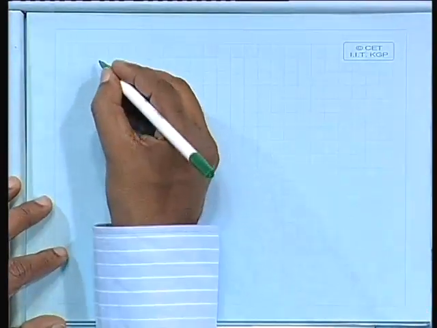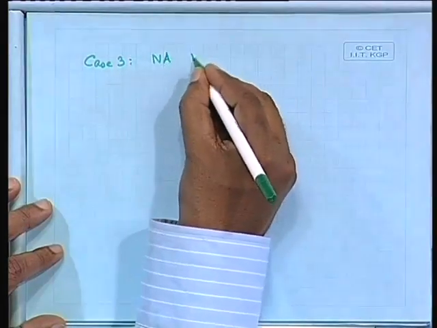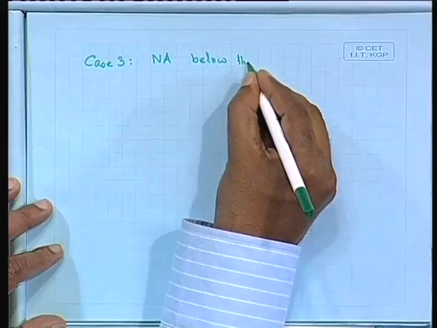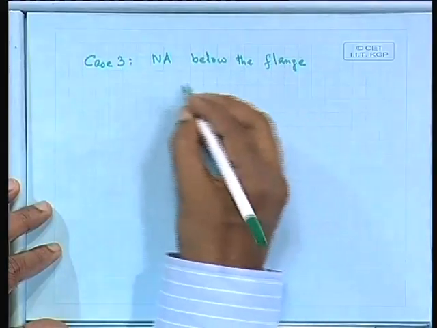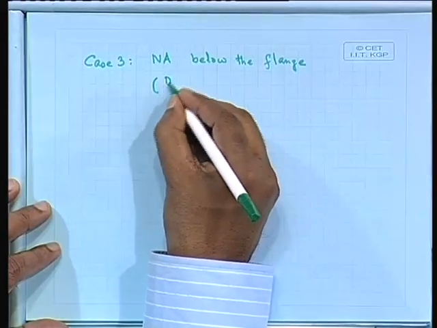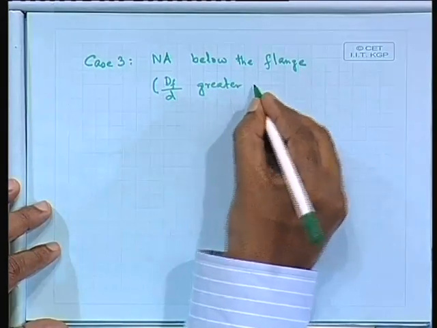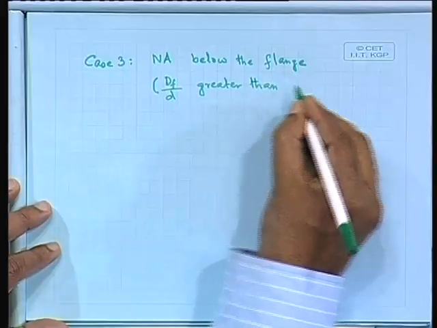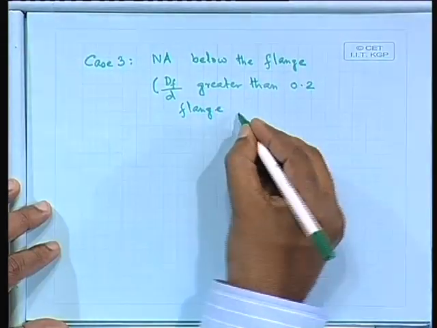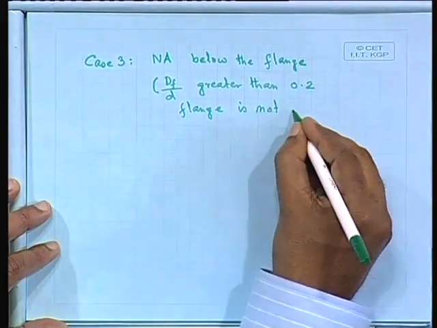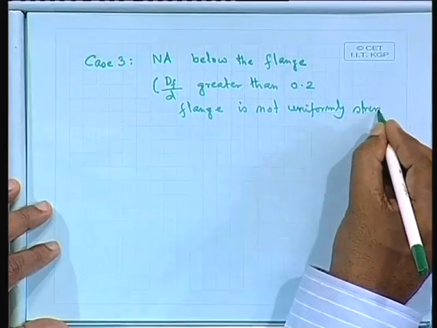So case 3: neutral axis below the flange, and df by d greater than 0.2, and the flange is not uniformly stressed.